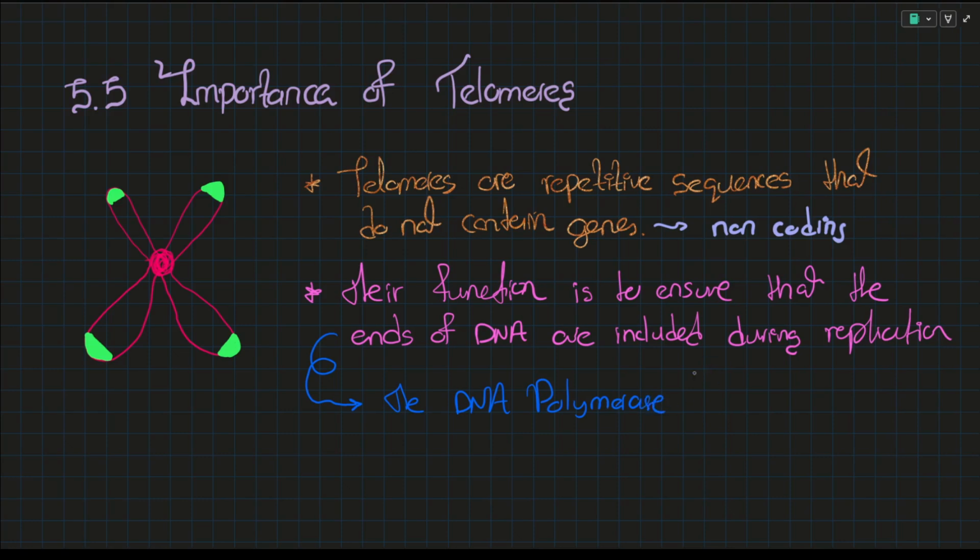The DNA polymerase enzyme can only fit at each end. So at each end of the DNA template, this would mean every single time we're trying to replicate a strand of DNA, a couple of nucleotides will be excluded.